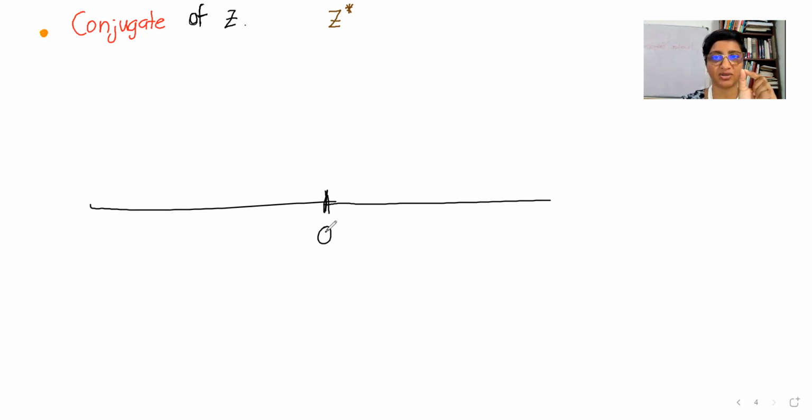You can't talk about a middle point. But 0 is like a middle point. Everything on this side of the line has a symmetry with everything on the other side. It's only a positive-negative difference. 1 and minus 1, 2 and minus 2. There is a symmetry.